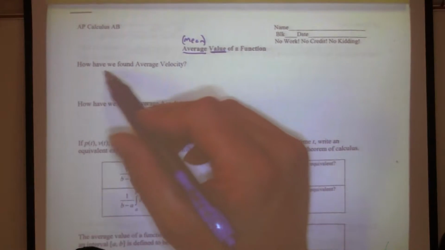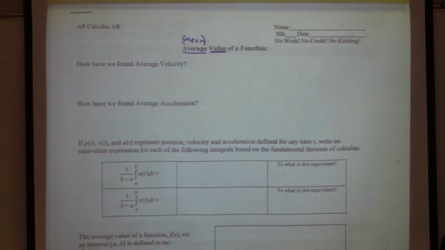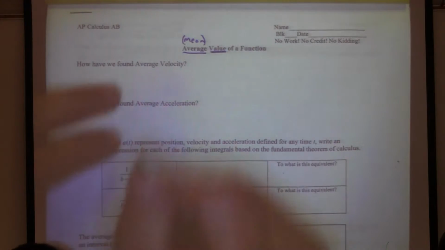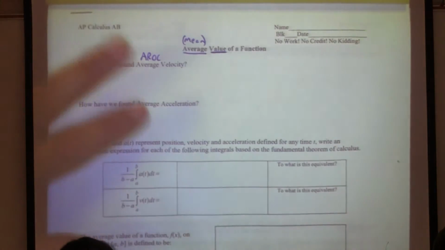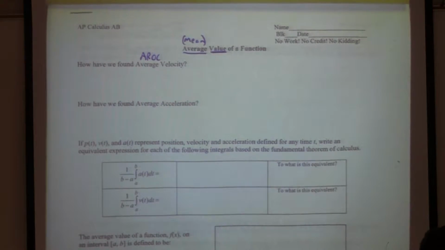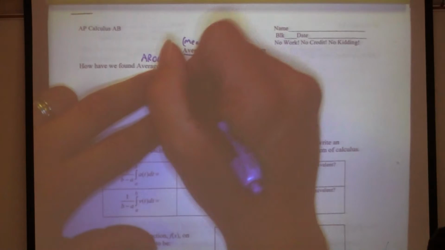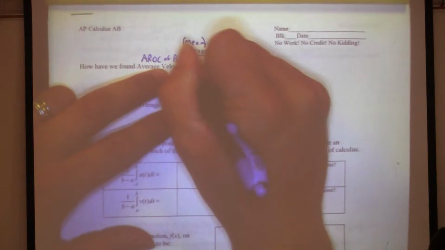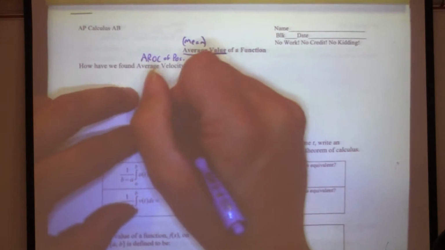Alright, so how do we find average velocity? Anybody remember what we would do? We would have to remember that it would be the AROC of what? Of position, right? We had to remember that so we could write the formula, right?